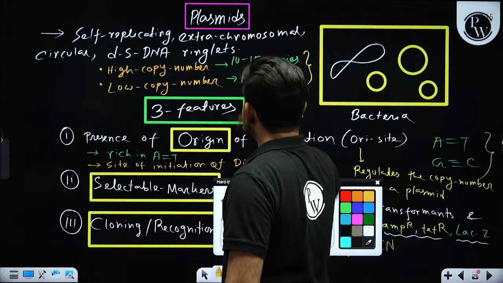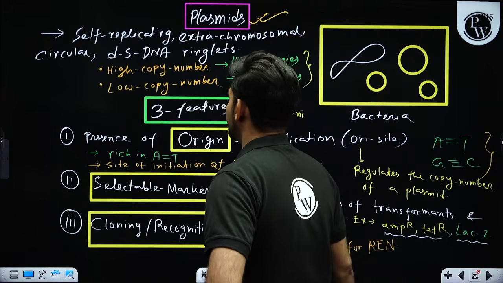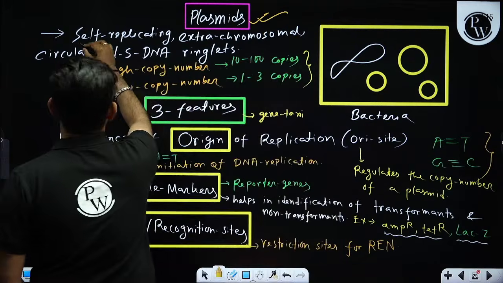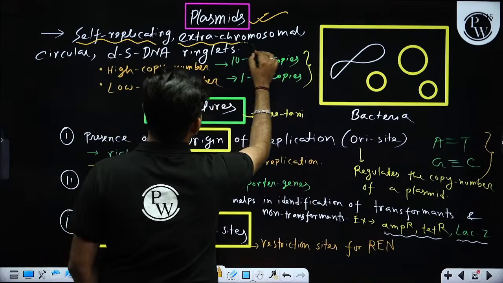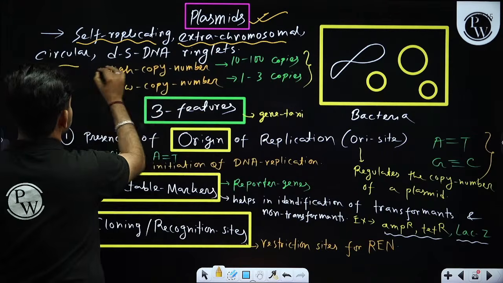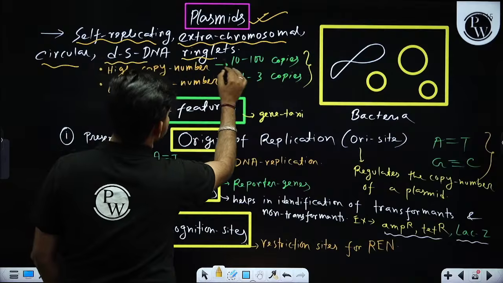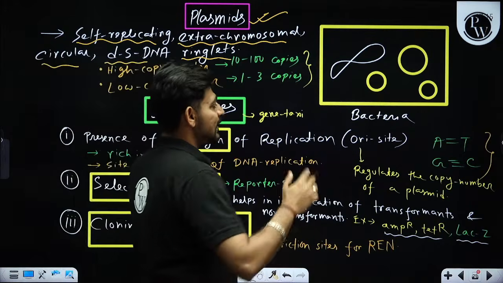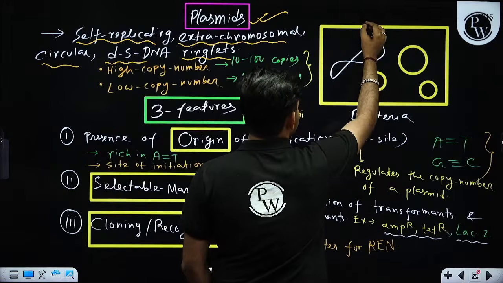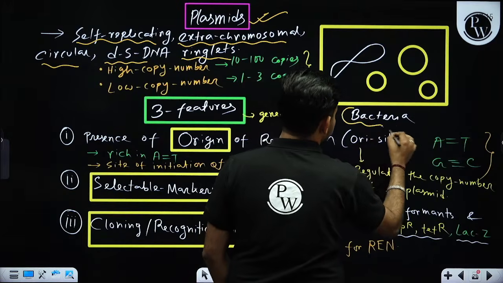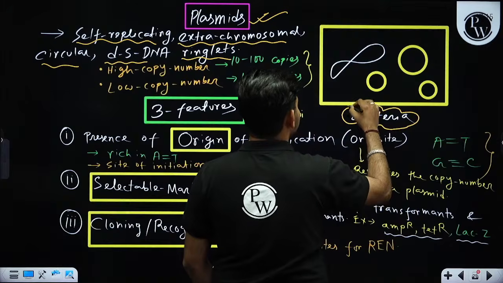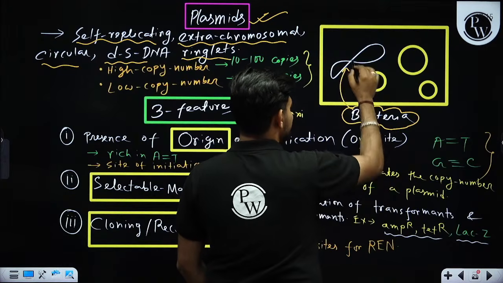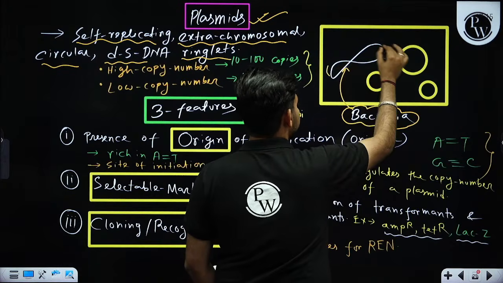Now let's talk about plasmid. Now you know that plasmids are self-replicating extra-chromosomal circular double-stranded DNA ringlets. Now why are they extra-chromosomal? We know that for a bacteria there is only one chromosome, that is the nucleoid, right?